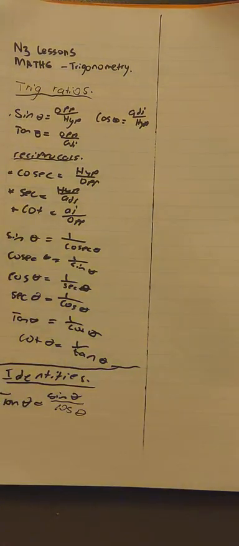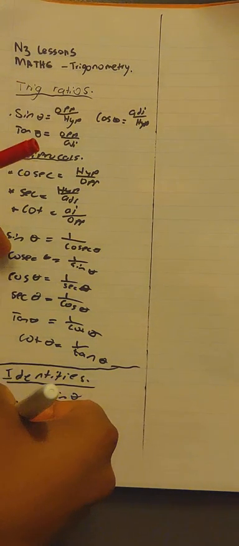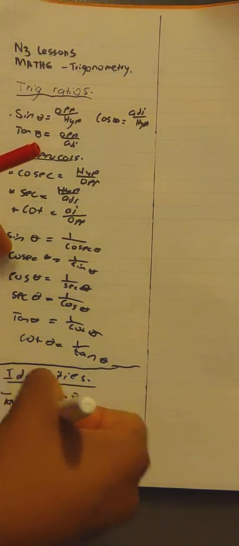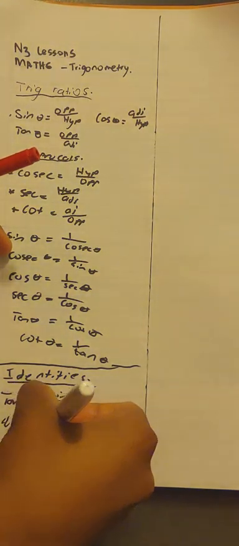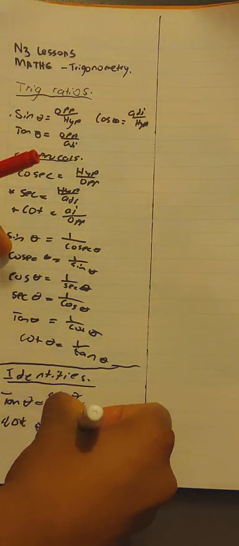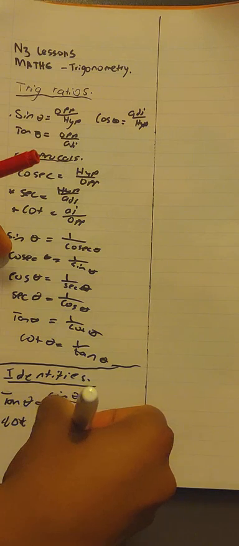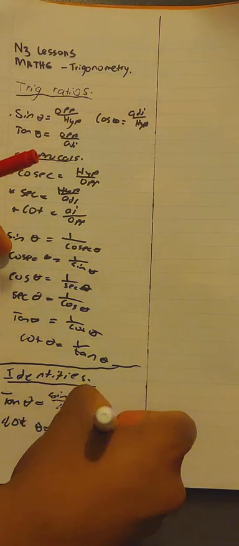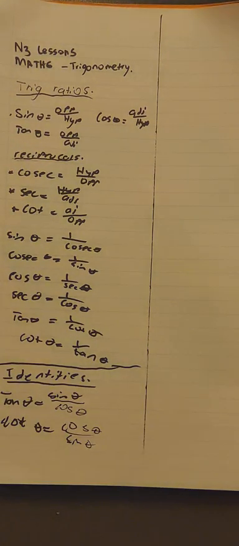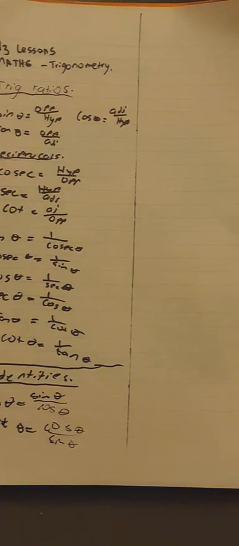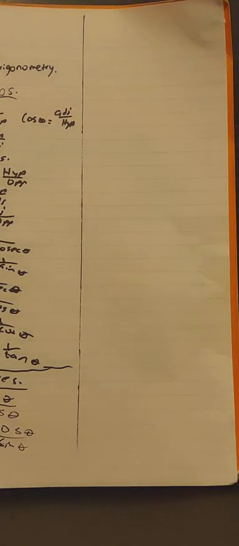Know that. And then cot theta is the opposite. It's equal to cos theta over sine theta. Is the opposite, guys.